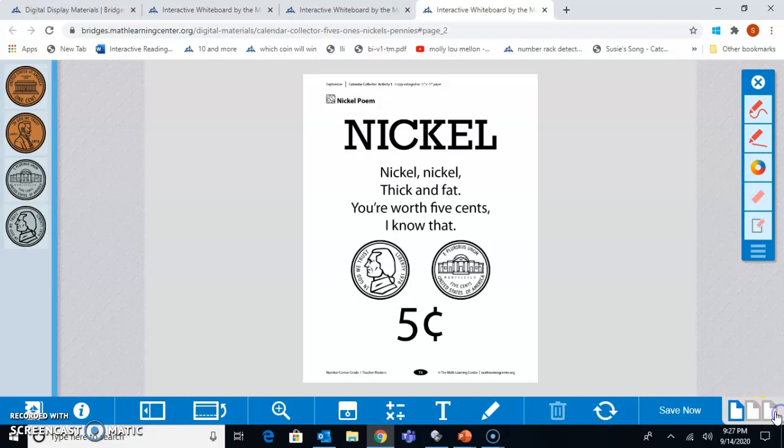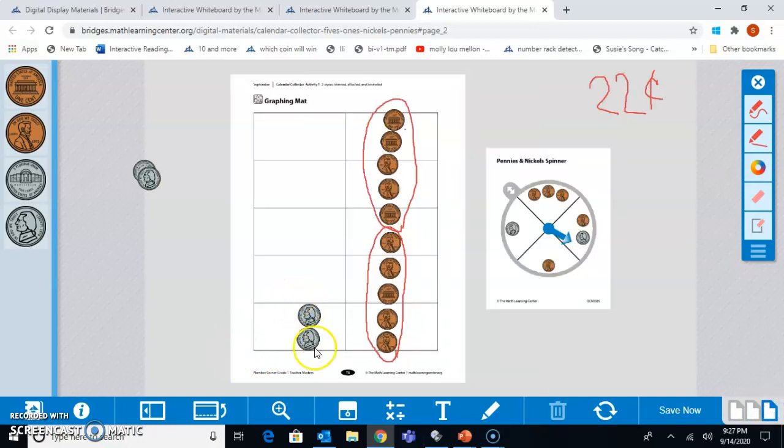So we can count these by 5. So 5, 10. Can we keep counting to find out how much we have all together? Let's do that. 5, 10, 15, 20. So I'm going to write how much we had right here. 20 cents.